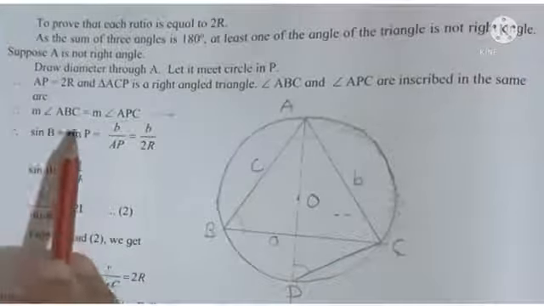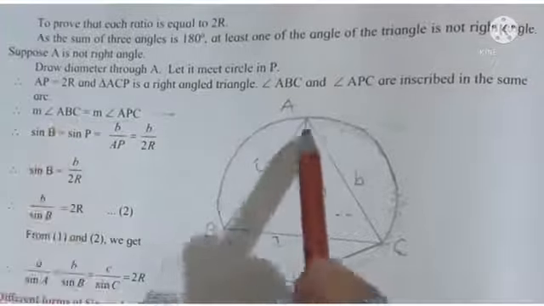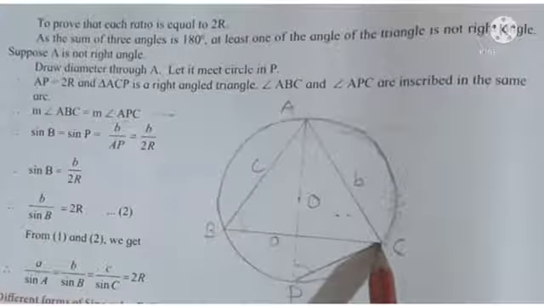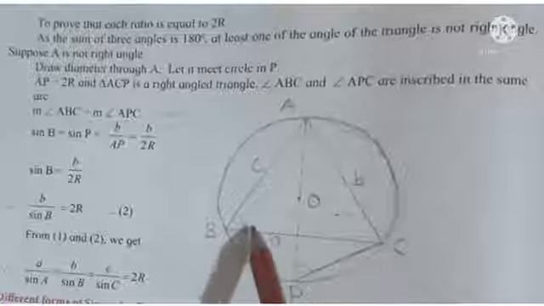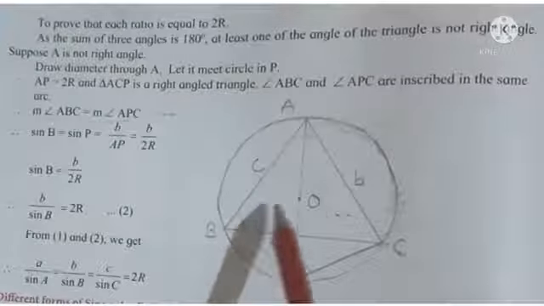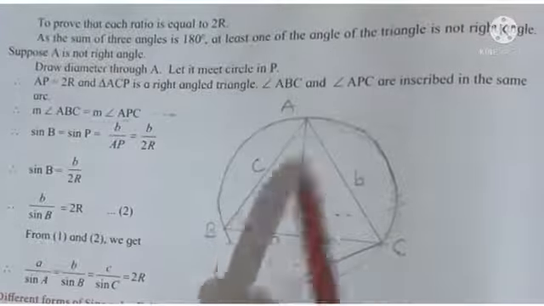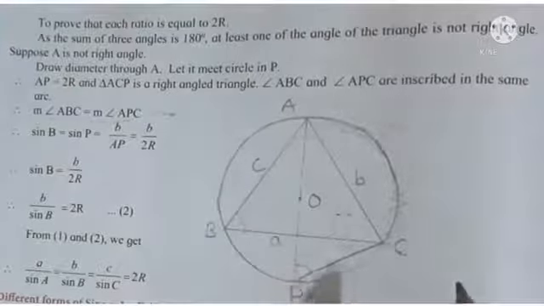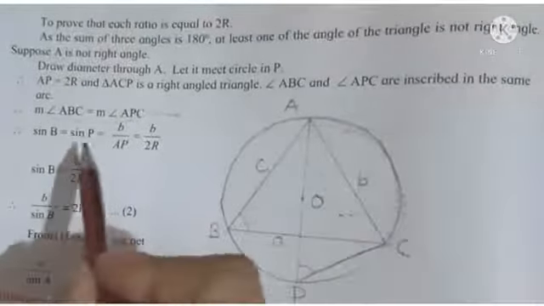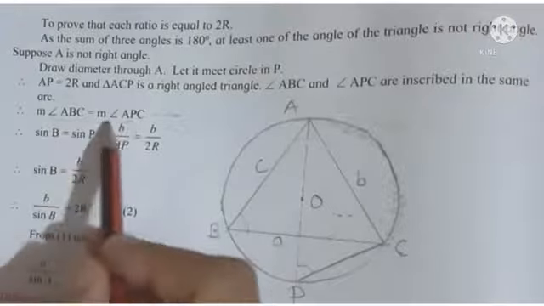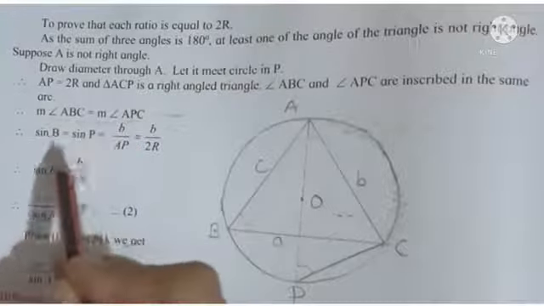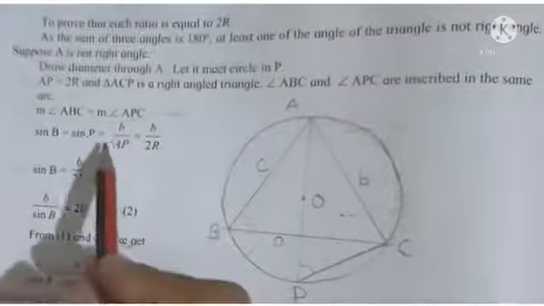Now what is the measure of angle ABC? Taking sin on both sides, we get sin B is equal to sin P. What is sin B?